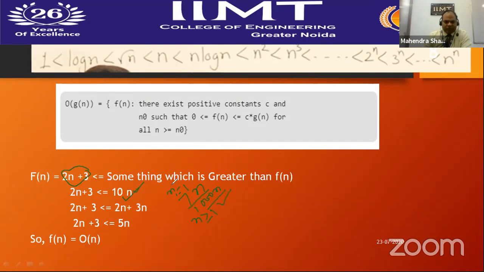Now, there is a question. How much do we have to struggle to find the values which will be correct for this equation? Rather than guessing whether 7n, 10n, or 1000n will satisfy the equation, it's better to write the equation in this form.